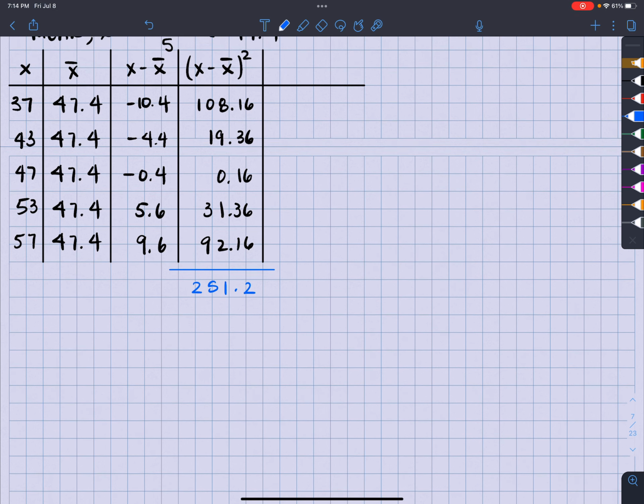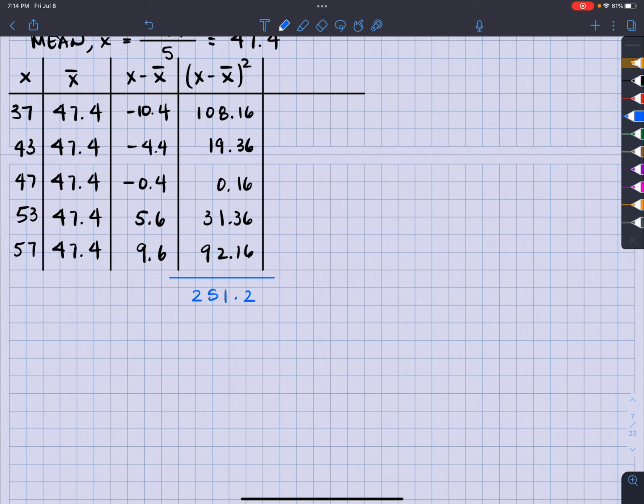So this is the sum, because I'm adding all of these together.